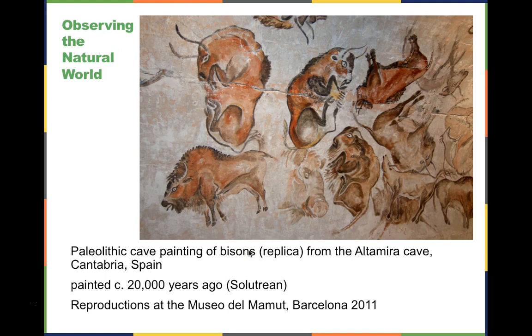For tens of thousands of years, human beings have been observing the natural world. Here's an example of some prehistoric cave paintings that our ancestors drew, very rich in artistic color and very precise in anatomy, or the actual appearance of these animals, roughly 20,000 years ago.